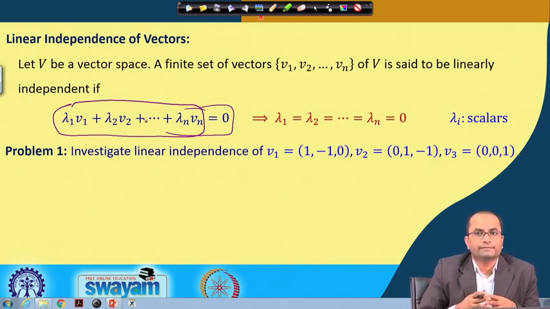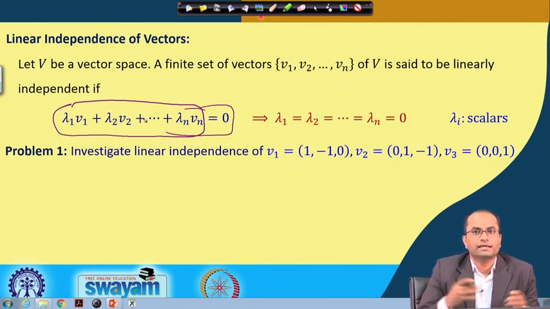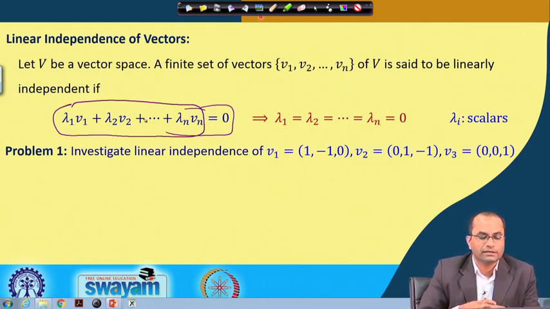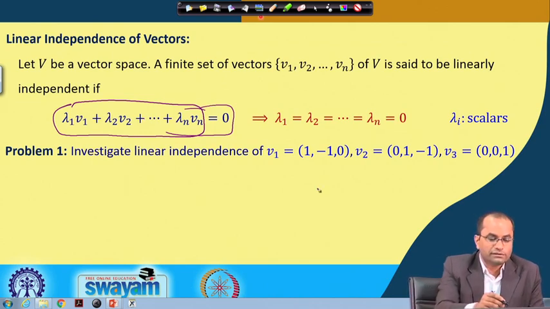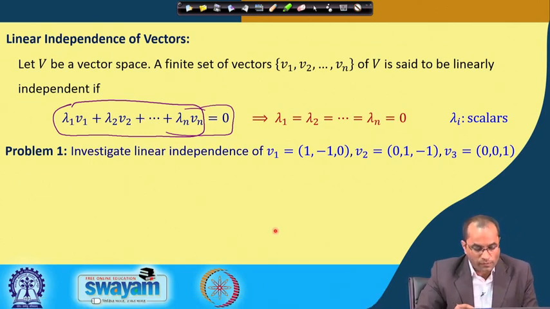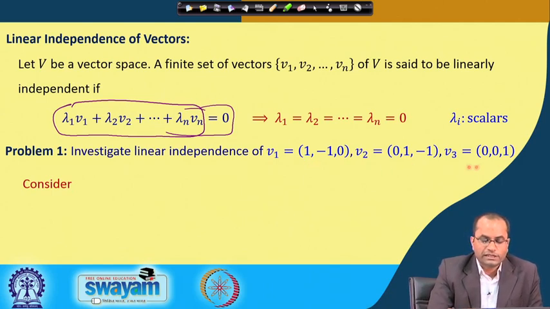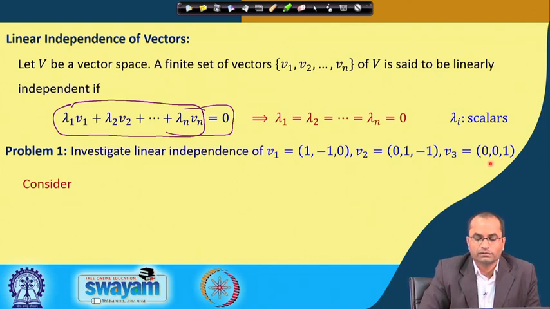But if we get some other, non-zero solution of the lambdas, then they will be dependent. So they are not independent in that case. So let us consider this example. Here we have taken these 3 vectors: 1 minus 1 0, 0 1 minus 1, and the third is 0 0 1.